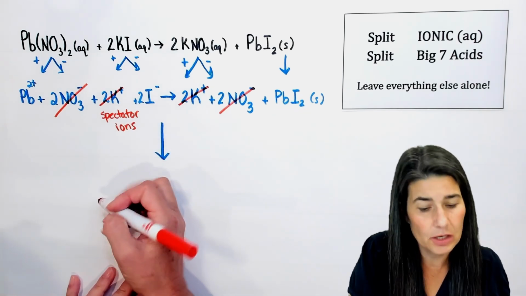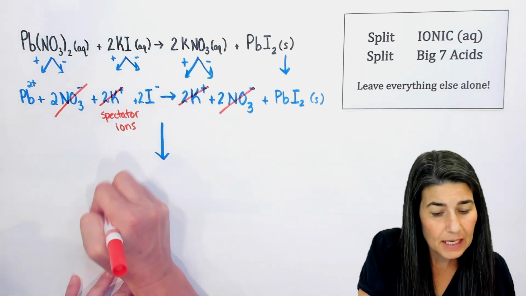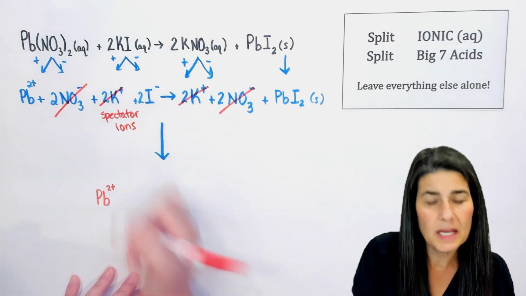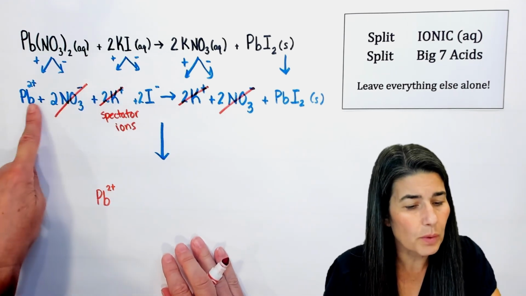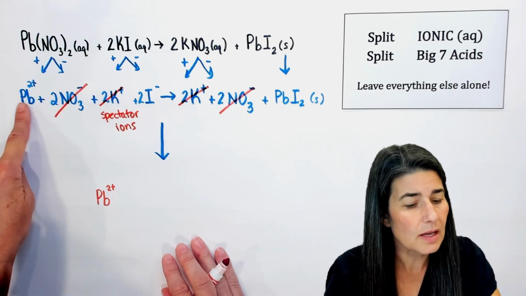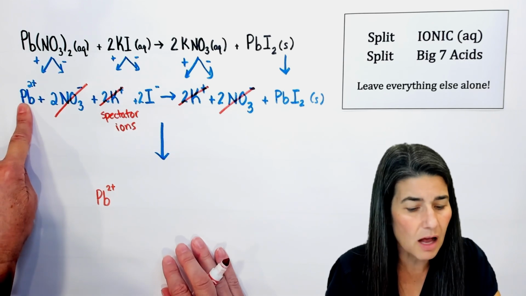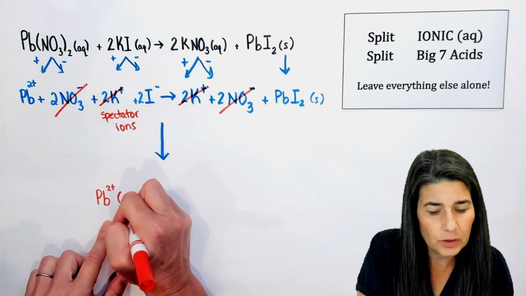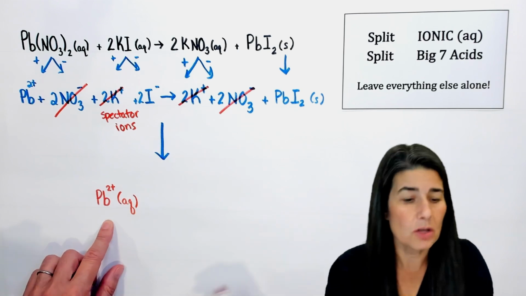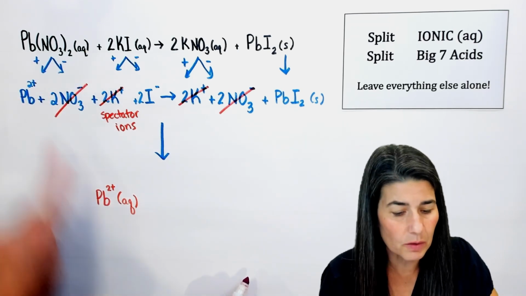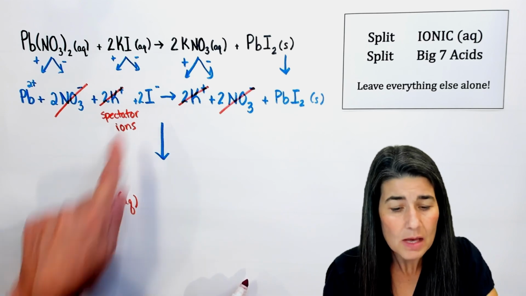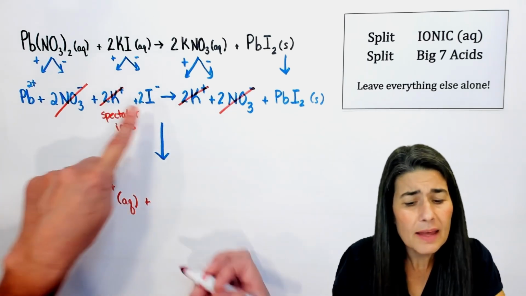I'm going to come down here and write that. Pb as a 2+ ion in solution. I started off with Pb from solution. This was Pb2+ aqueous. I'm going to go ahead and carry that through right now. So Pb that was aqueous became Pb2+ that was aqueous. Here it is here. Plus the iodides.